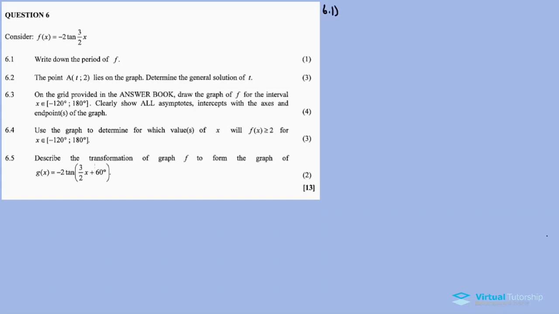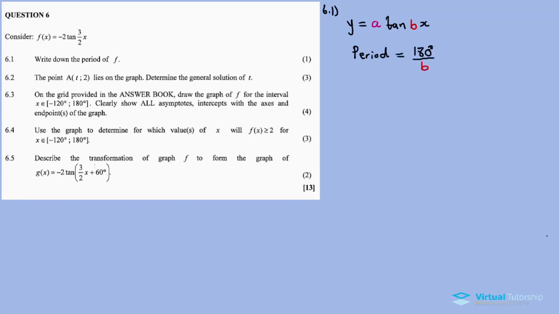This f of x equation is written in the form y equals a tan bx, where the a value is minus 2 and the b is 3 over 2. Now, what is the period of f? It is the period of a trigonometric graph, specifically a tan graph.